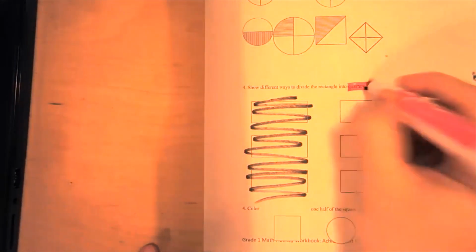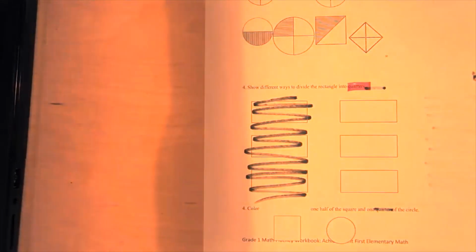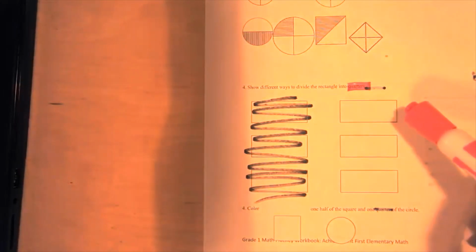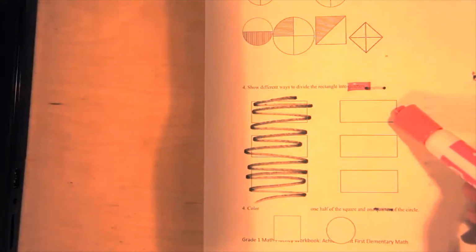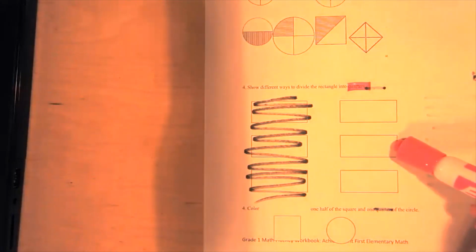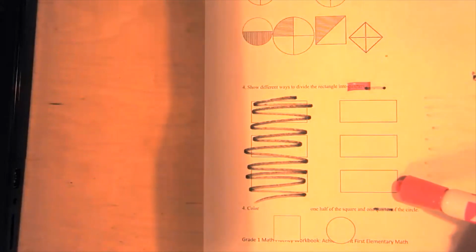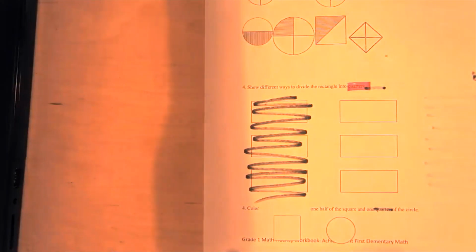So this quarters. All right, so did you draw this, break this into quarters? Break that into quarters and break this into quarters. All right, if you need more time, pause it.